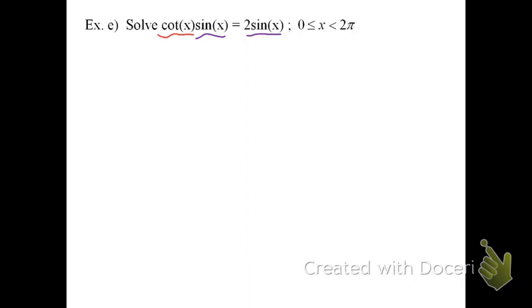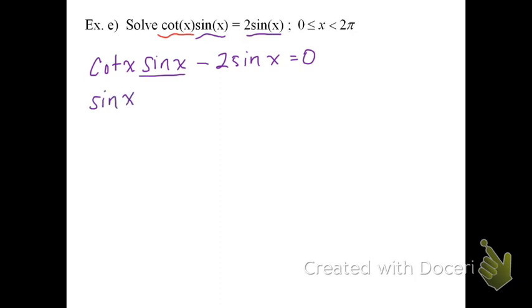Okay, so hopefully you guys did something like this. You set it equal to 0 by subtracting the 2 sine x. Here's where we can use zero product property. There's a sine x that's in common. This is not quadratic form, but there is a greatest common factor of sine x that we can factor out.